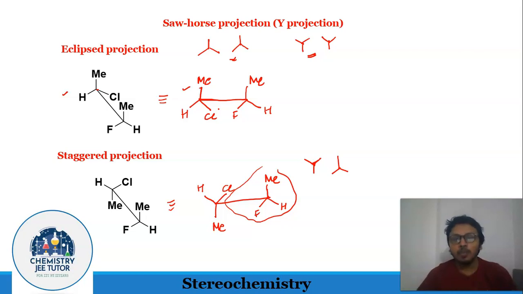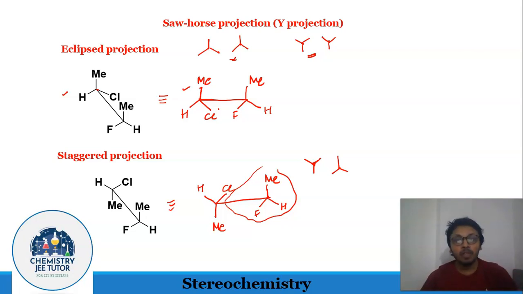So in all these projections, always remember that we can keep one part fixed and we can change only one of the carbon atoms. That is, the substituents of only one of the carbon atoms, keeping the other part of the molecule fully fixed. And this is applicable in all the projections we will talk about here, in all conformational projections. Why is this applicable? This is applicable because the rotation is free.